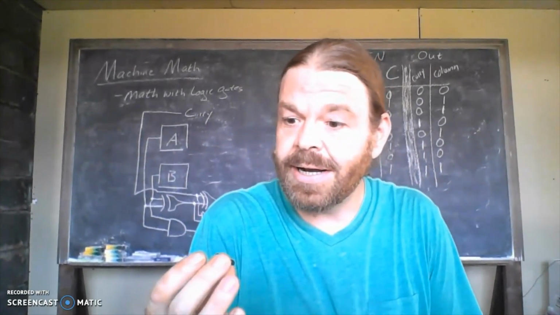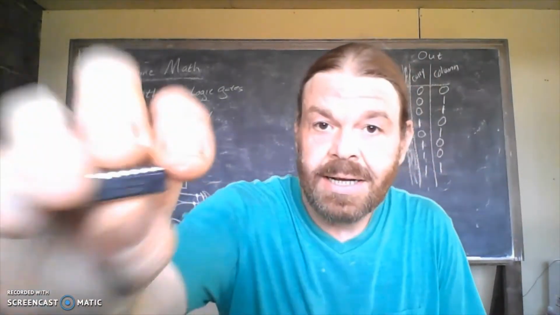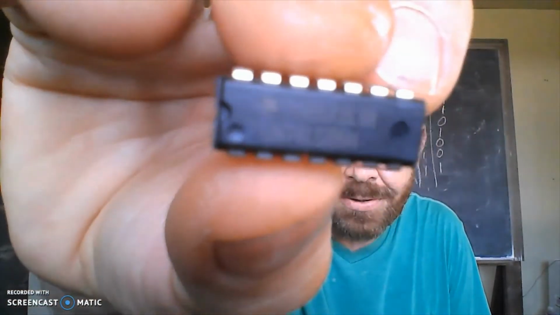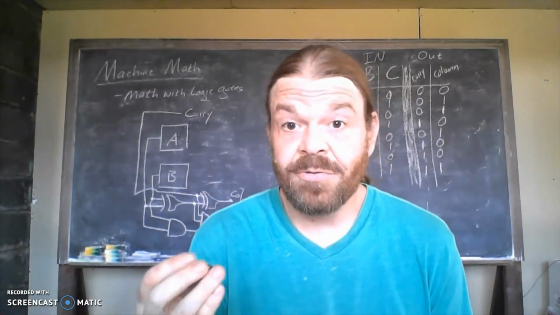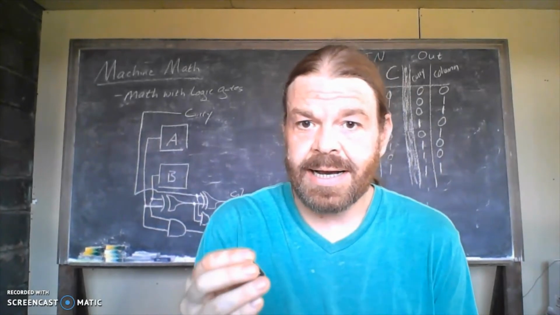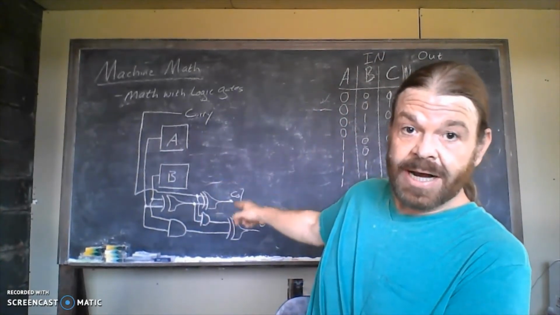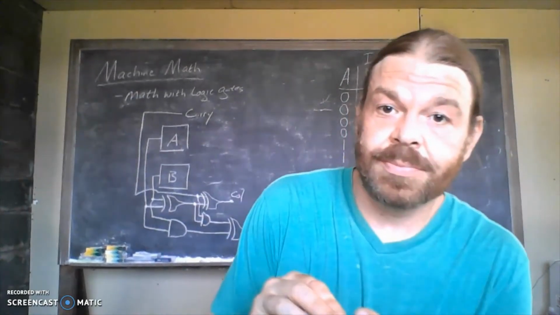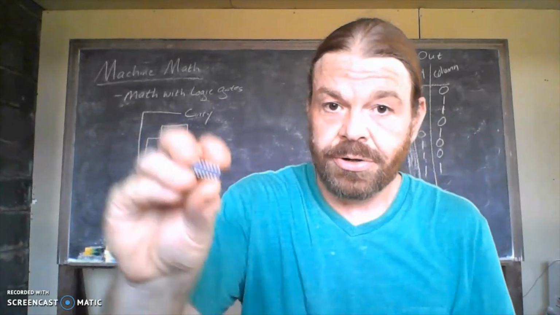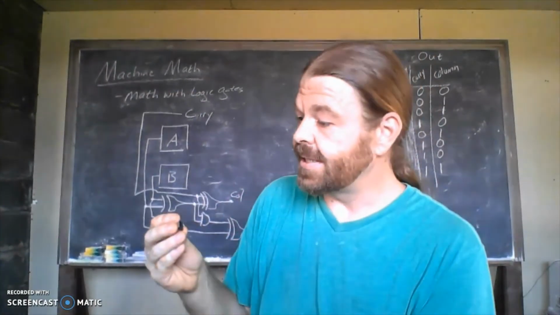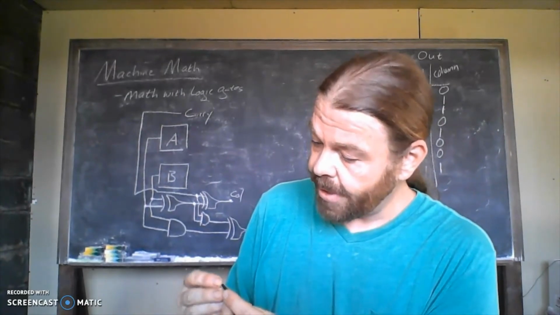So to build that, I'm going to use, which one do I have in my hand here? Will it show up here? Not really showing up. A TI 74LS86 that has 4 XOR gates. And you can see from the schematic, we need 3 XOR gates, so that chip will work for that. And we need 2 AND gates. So to do that, I'm going to use a Texas Instruments 74LS08, I think.